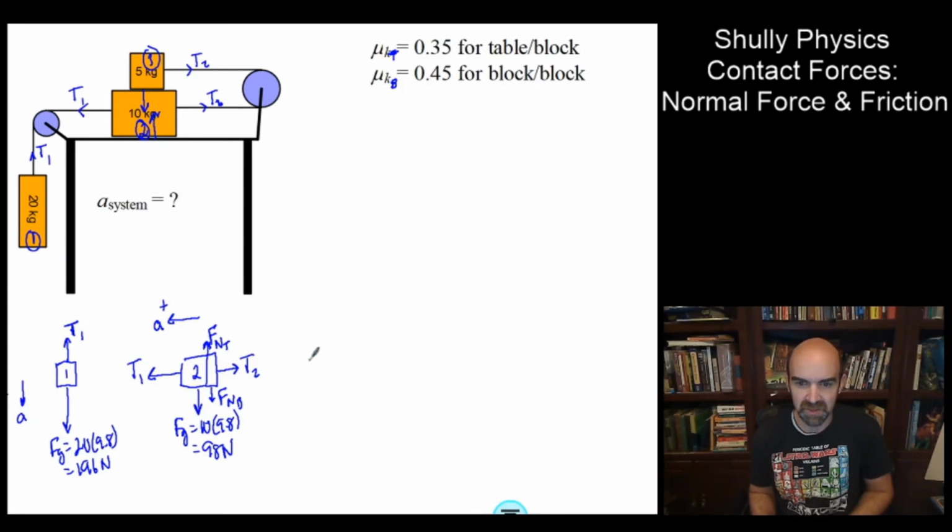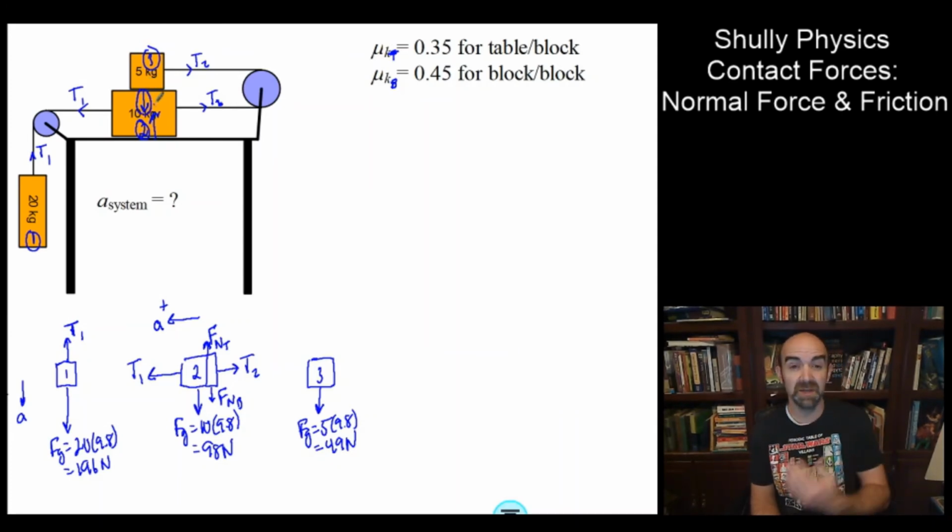And block 3. This one should be a bit simpler. There's a weight from block 3, 5 kilograms times 9.8 meters per second squared is 49 newtons. And there's an upward normal force from block 2. And you see how block 3 is pushing down on block 2? Here's that action-reaction force.